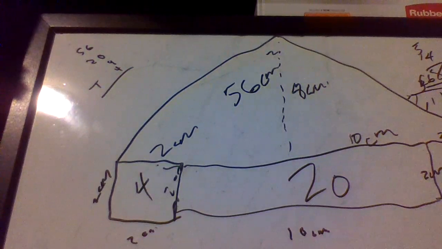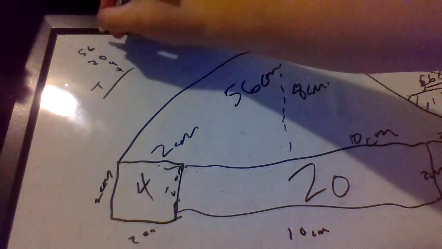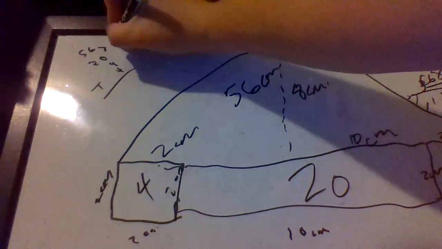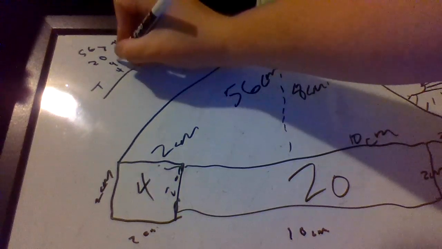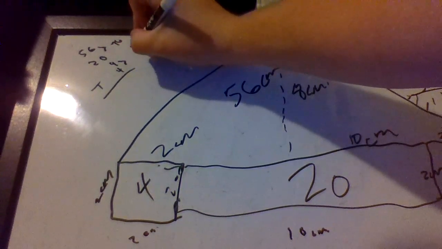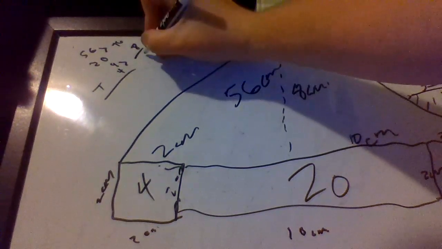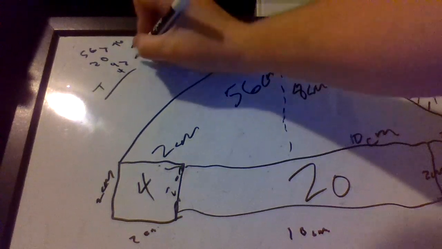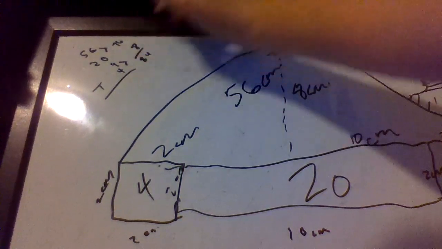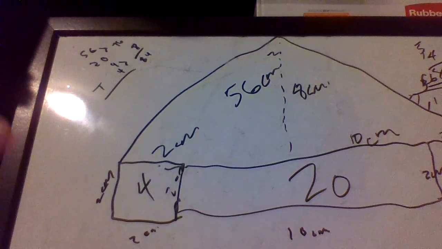Okay, so let's do this 2 at a time. 56 plus 20 is 76. 4 plus 4 is 8. So now we're down to 2 numbers. 6 plus 8 is 14. Carry the 1, and that's 84. So this entire shape, the area is 84 centimeters squared of that entire shape.